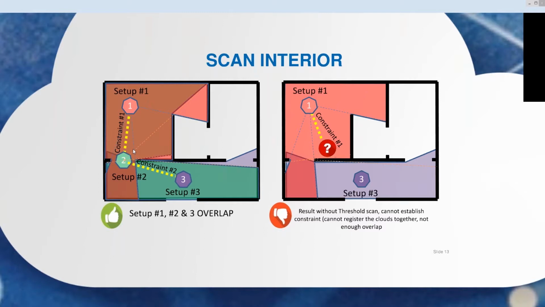So you have to have overlap. The more overlap you have, the better. It depends on your scanner as far as distance, and it also depends upon walls. If somebody just did a scan here and a scan here, it has no idea how to constrain itself or register itself together.